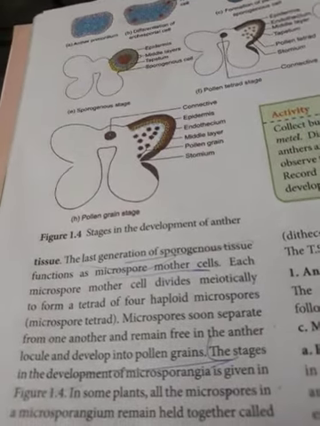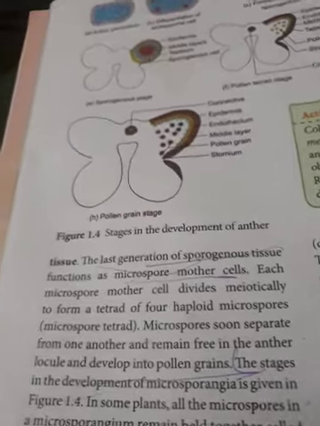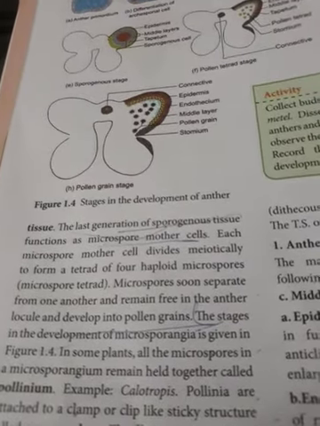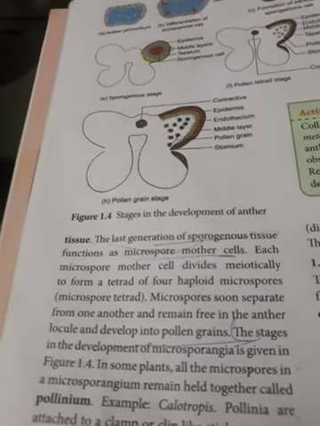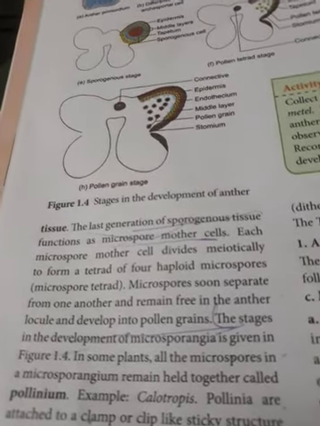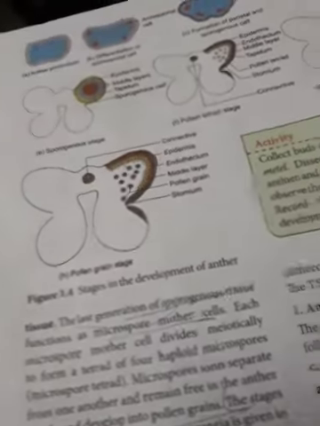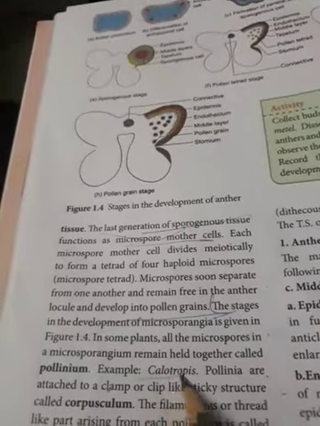The stages in the development of microsporangia have already been discussed in the diagram. In some plants, all the microspores remain held together, called the pollinium. Example, Calotropis. So one more question: what do you mean by pollinium? In which plant can we see it? Calotropis.